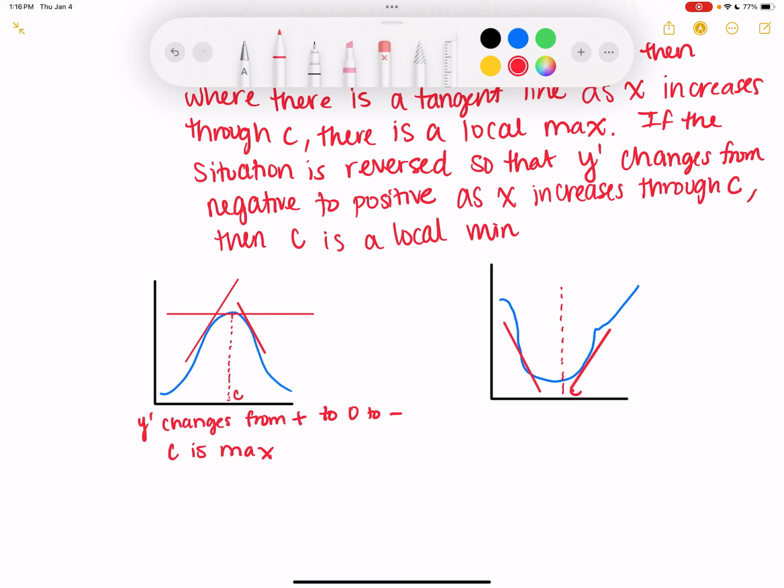So in this one, y prime changes from negative, I'm technically missing a line here, I'm just going to draw it small, to 0 to positive. So c is a minimum.